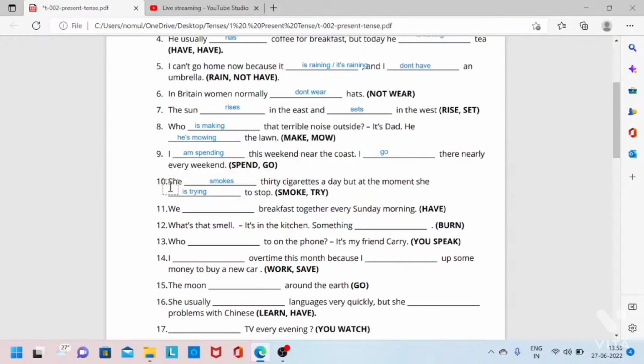Okay, next, this is all about the present tense. Very easy making sentences. You can also try doing this.